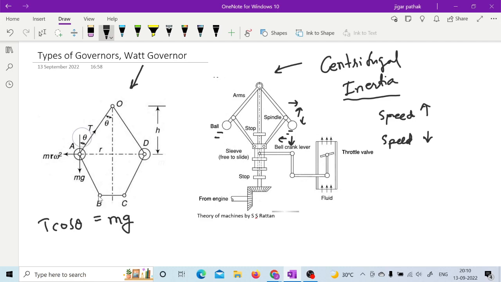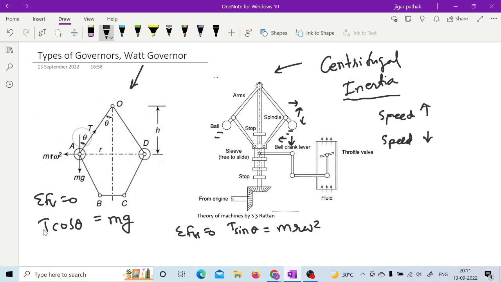Because forces acting in the vertical direction will be equal and opposite, because we are assuming equilibrium, right? So this will come from sigma Fv is equal to 0. Similarly, if you go for sigma Fh is equal to 0, then you will find that T sin theta is equal to m r omega square, right?